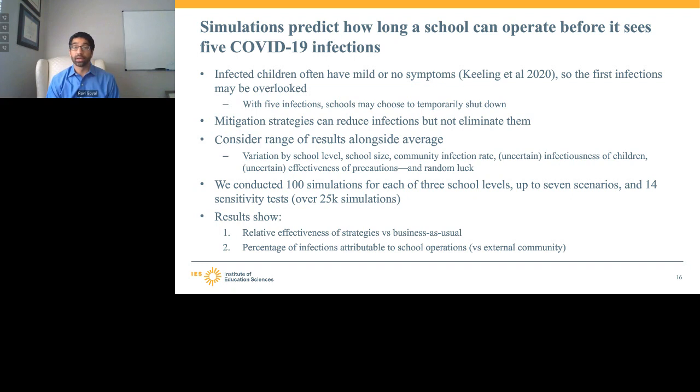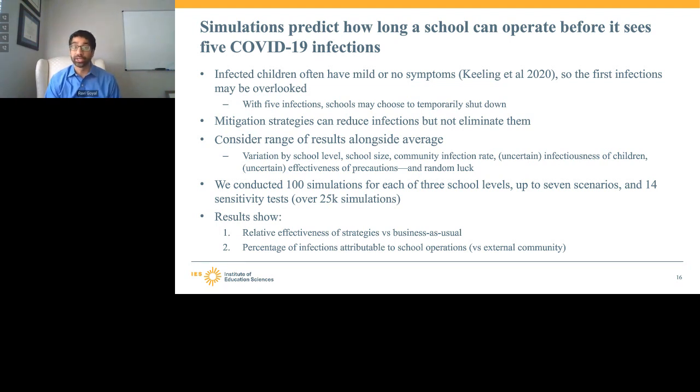Before presenting model results, I wanted to touch upon a couple of things. We're going to present results for a typical high school in Pennsylvania in terms of number of students and class sizes. However, the specific school results may vary by school size and background community infection rate. Also, there is a lot of uncertainty in the literature for some of the parameter values included in the model, in particular, the infectiousness of students and the effectiveness of precautions, such as wearing masks.